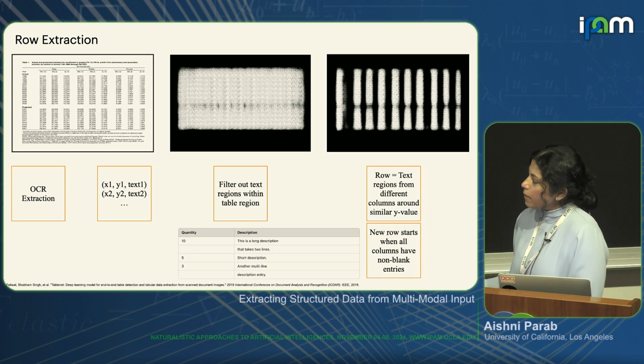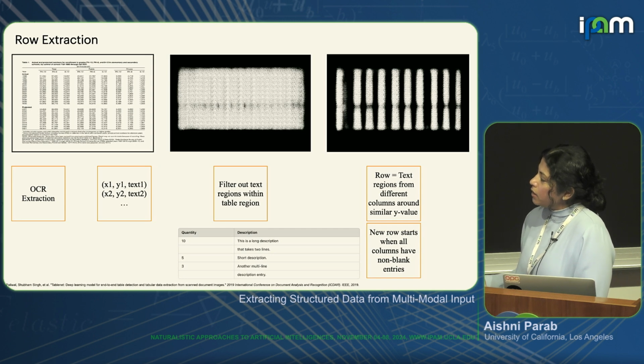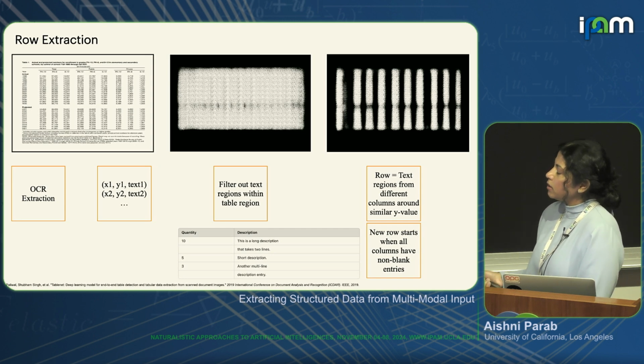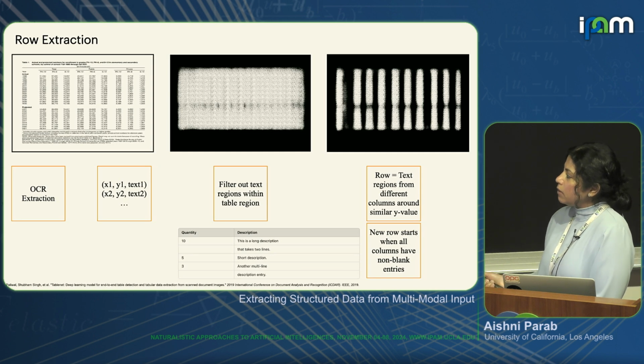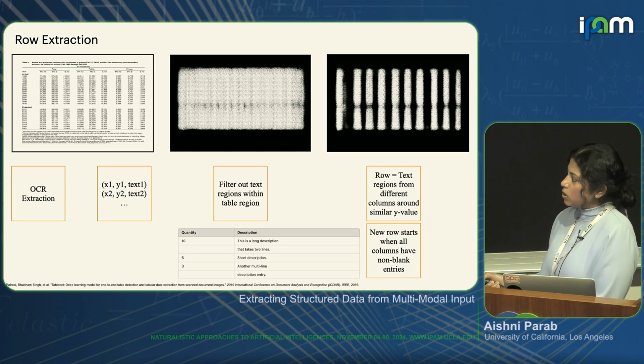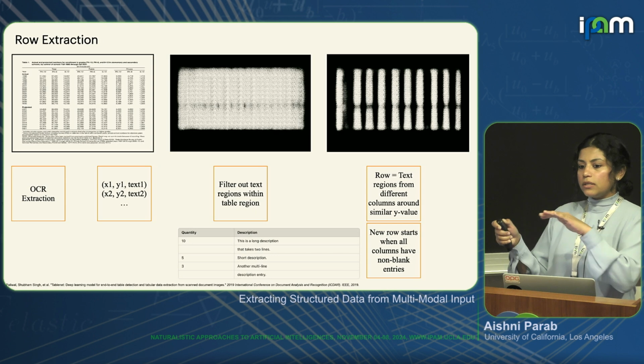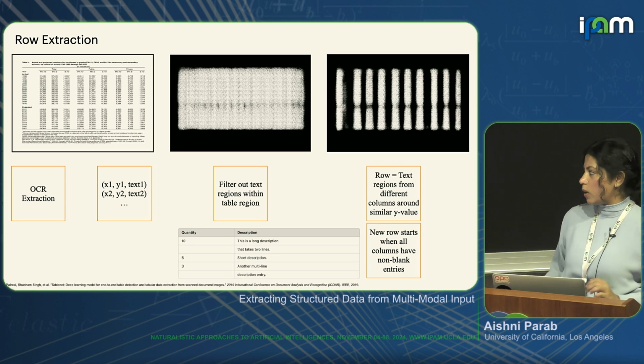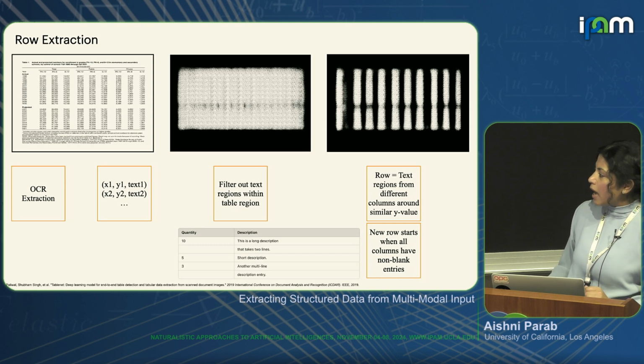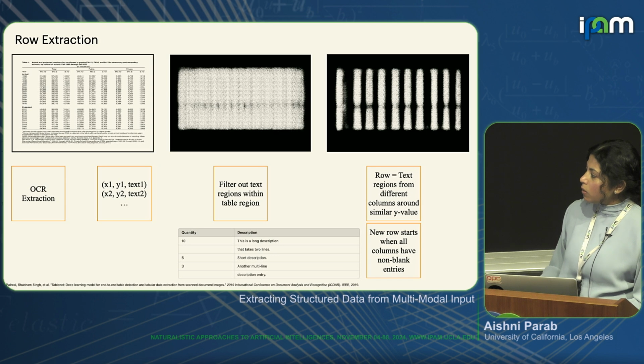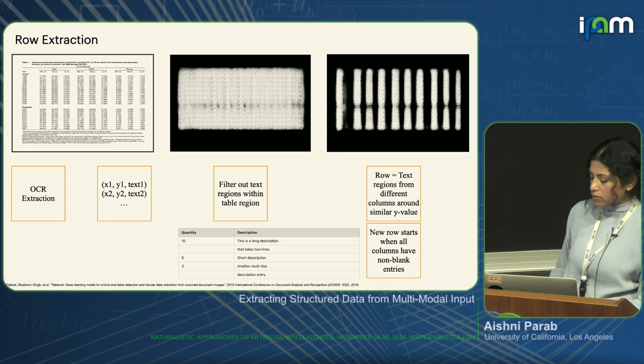And then you use these masks to filter out the text regions that are within the table region. And then you have some sort of heuristic for row extraction, where you only keep text regions which are from different columns but around the same Y value as to be one row. And then suppose you have a row that has multiple lines of text, then you would always start a new row when you only have non-blank cells in the row.